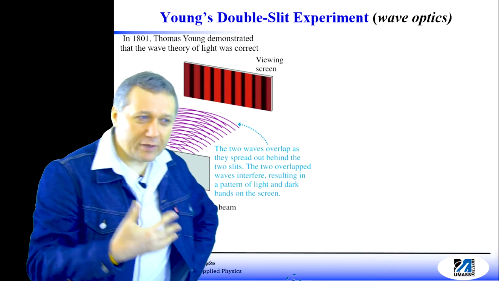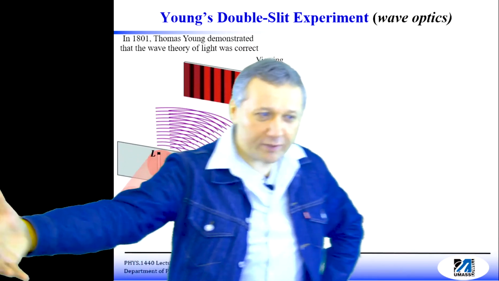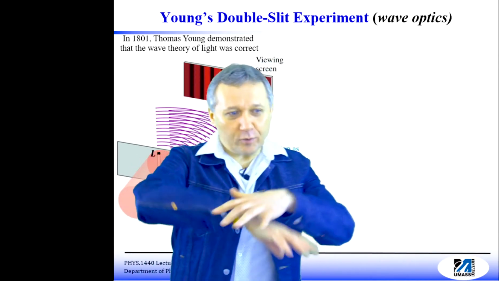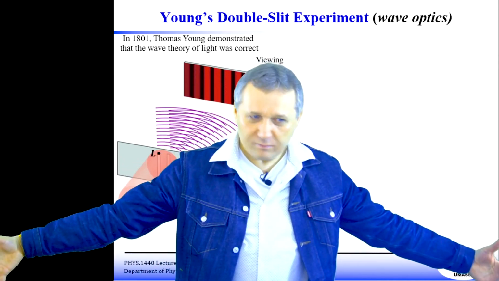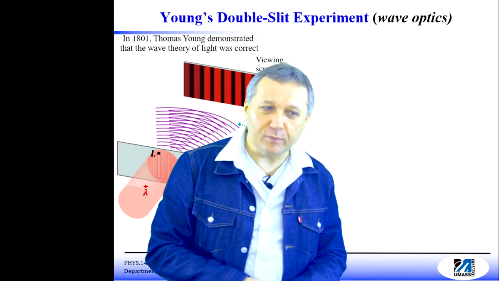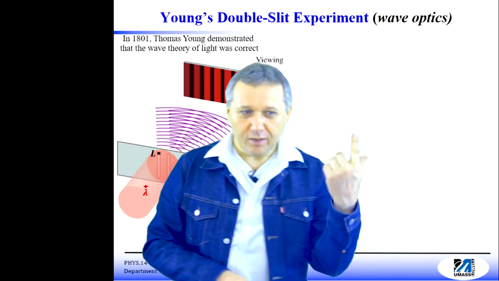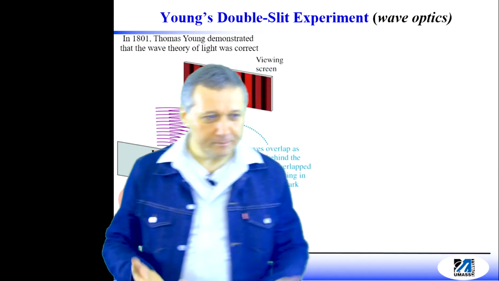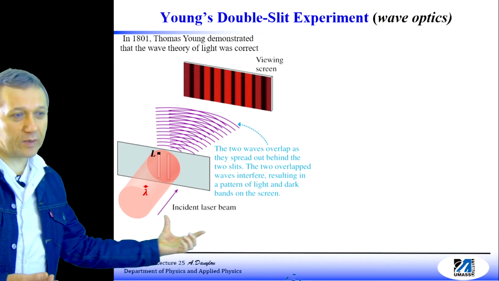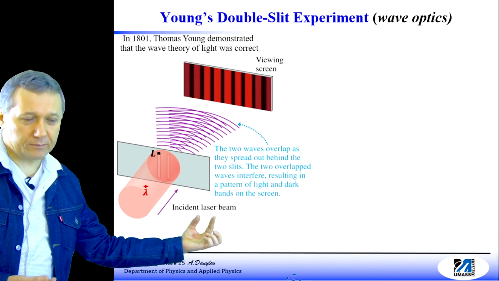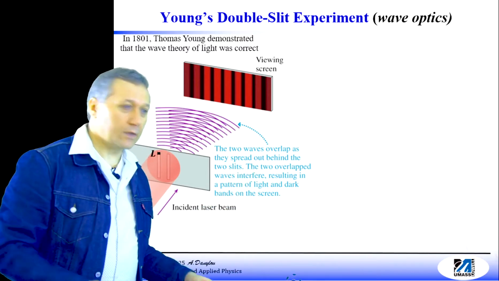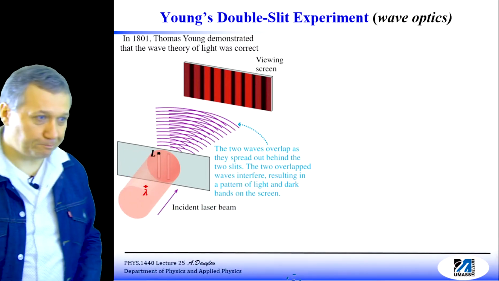Only in that case, if you have monochromatic light, can all those conditions which we derived be used. If you have light of broad spectrum, then you're not going to observe all these phenomena, right? So you need to use a more or less monochromatic source, basically a single frequency. So that's why it is written here, laser beam. It's very important. If you use just regular white light, it is not going to work.